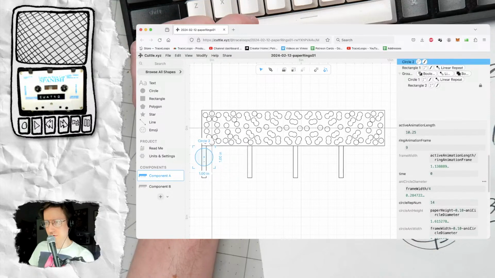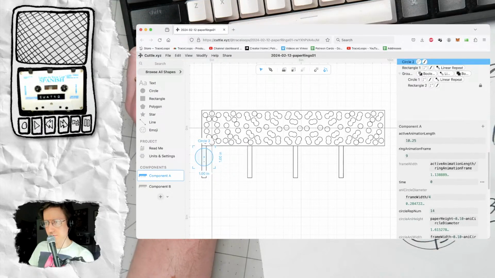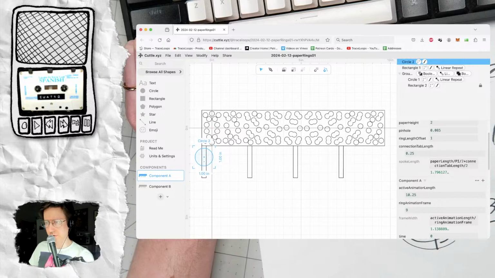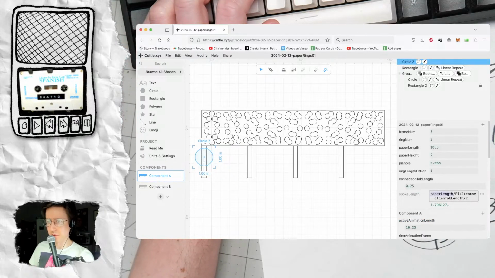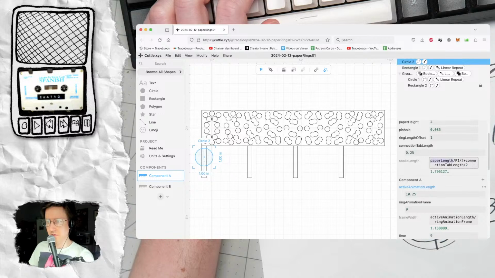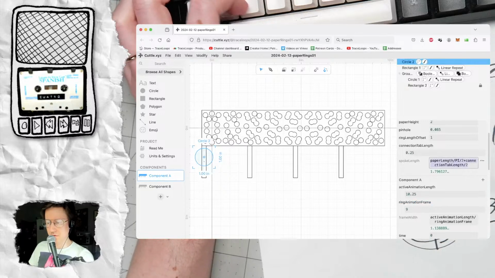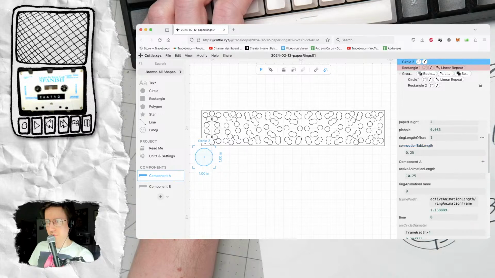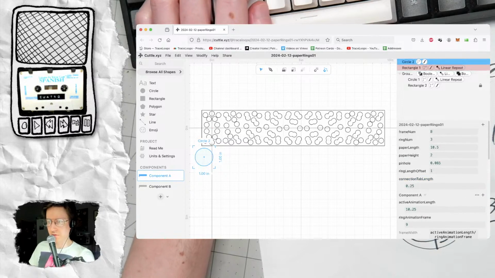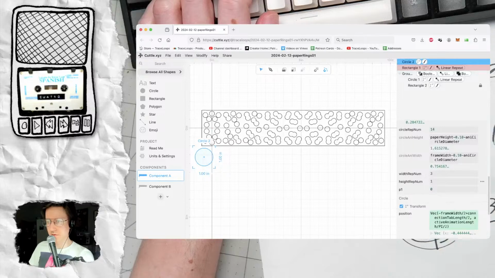Where is spoke length, paper length? That's wrong. This should be... delete that parameter in the component. There should be spoke length.